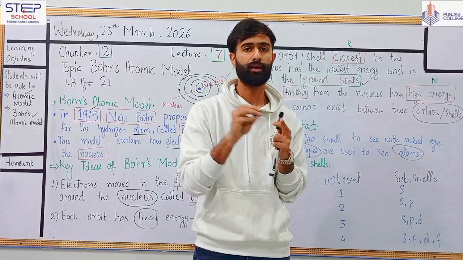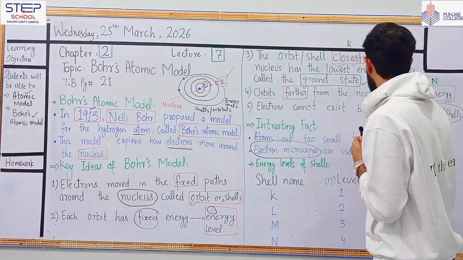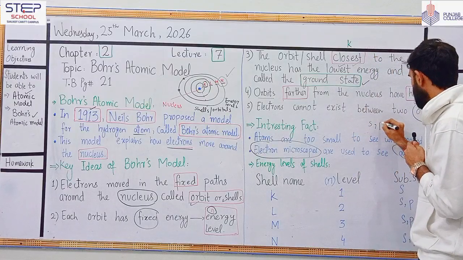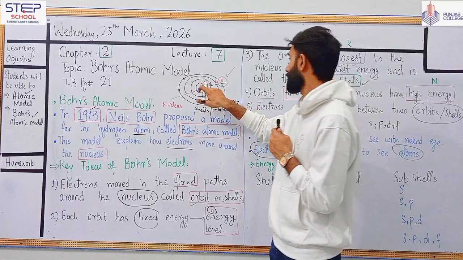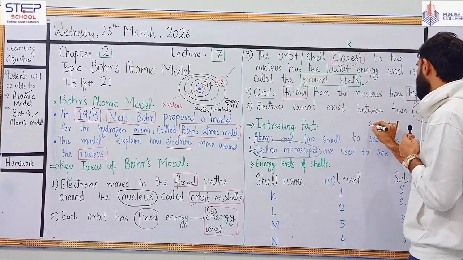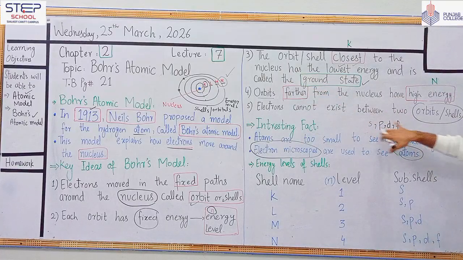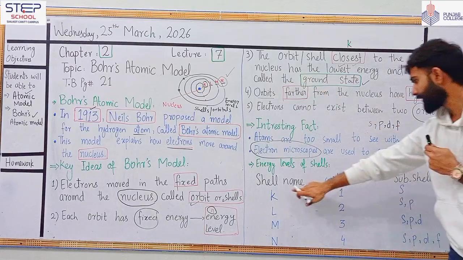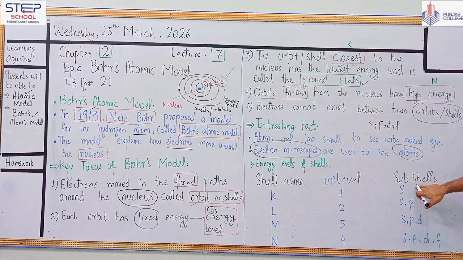Listen carefully: shells are divided into subshells. The names of shells are K, L, M and N. The names of subshells are S, P, D and F.